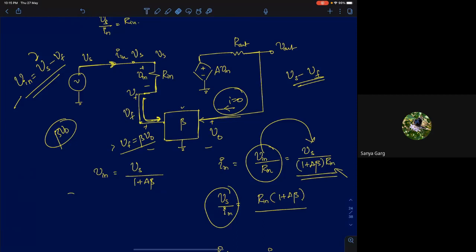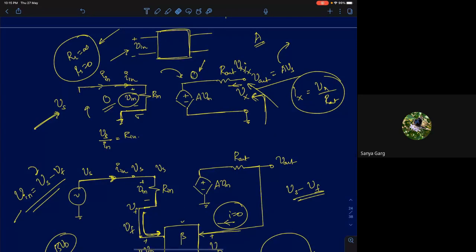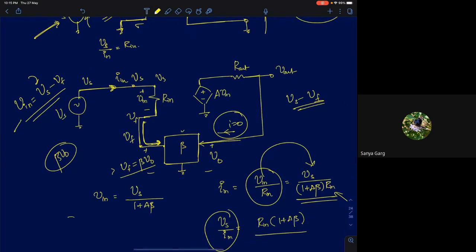Now, in open loop, when you applied the voltage Vs to this amplifier, the entire Vs appeared across the input resistance. But now what's happening? If I'm applying Vs, what fraction of Vs appears across R in? A much smaller fraction.